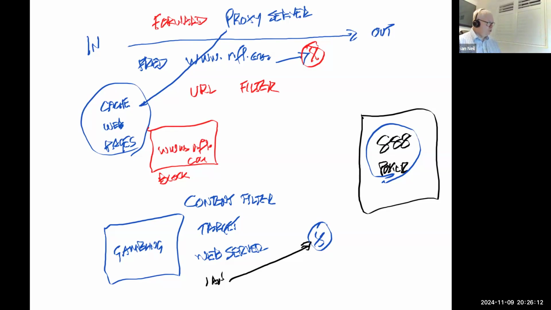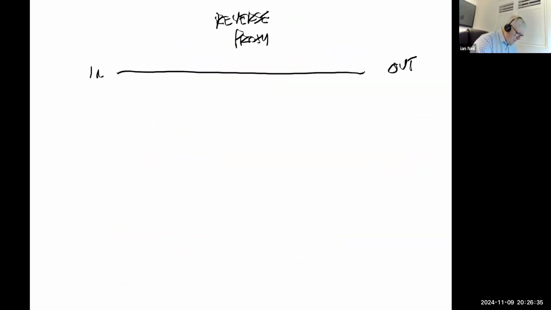So we're now going to look at the reverse proxy. And here we go over here, this is the reverse proxy. What the reverse proxy is doing is looking at out to in. So it's looking at the external users that are coming in.